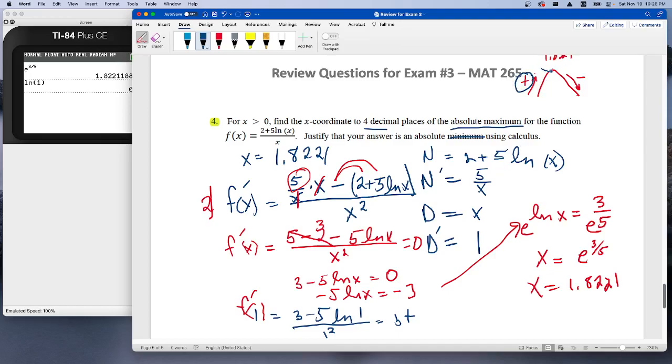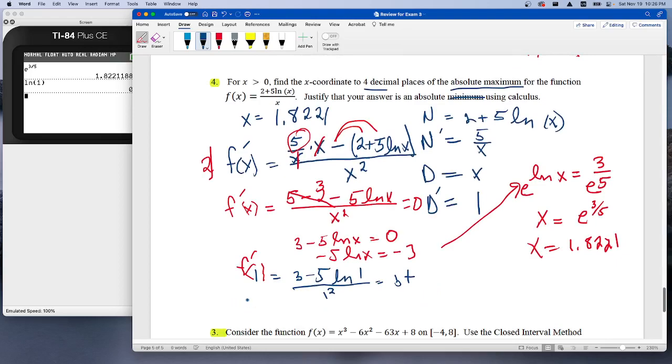This has obviously a slope of 0, and then we just have to show that on the other side, looking at, say, f prime of 2, and we could go for any other one, that we're going to get a negative result.